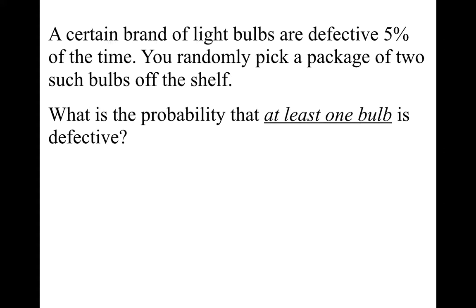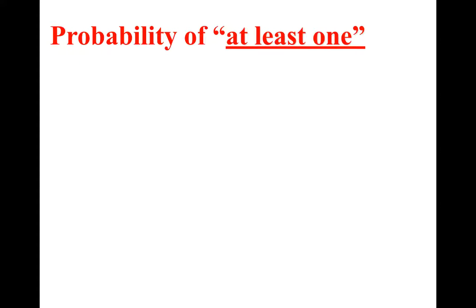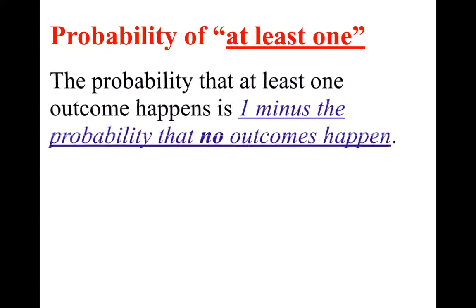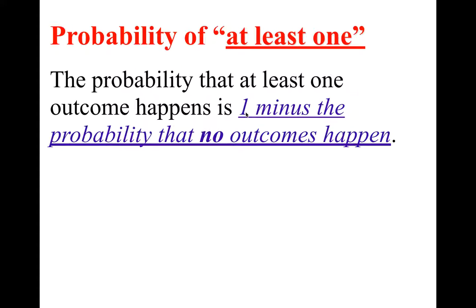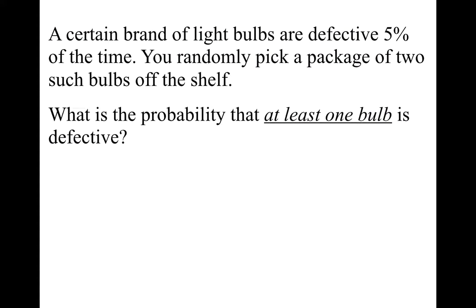Based on what I just showed you, the probability of at least one is 1 minus the probability that no outcomes happen. Let's put it into perspective for this problem. If we're trying to find at least one bulb that is defective, we need to do 1 minus the probability that the bulbs are not defective.